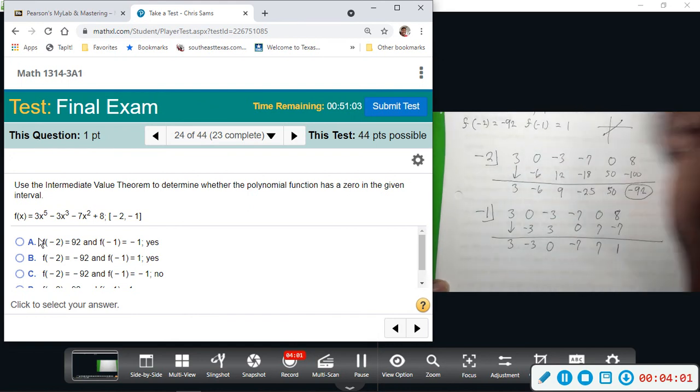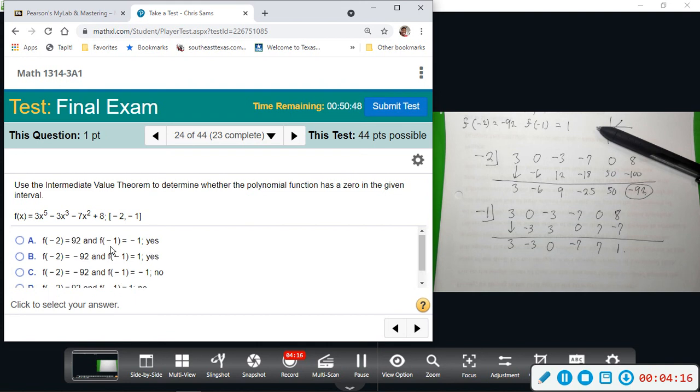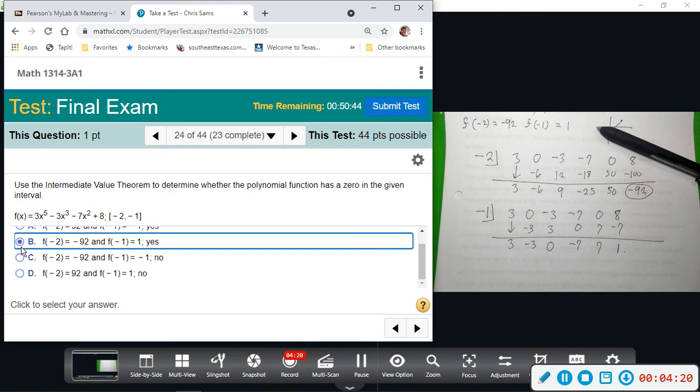Okay, so we can see that we went from a negative to a positive. So intermediate value theorem says that yes, we get a 0 between those two. -92 and positive 1, yes. So answer choice B.